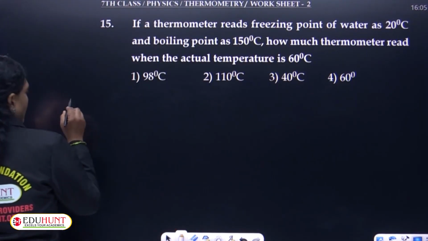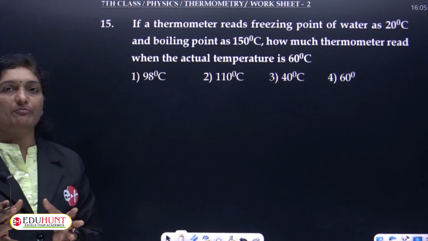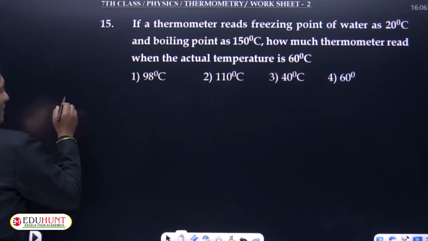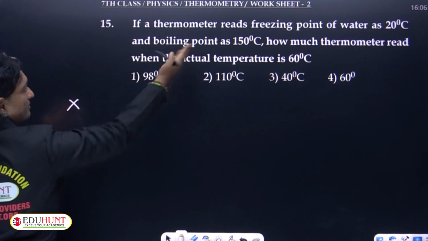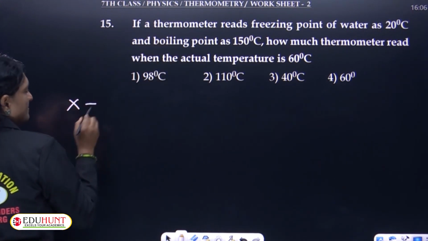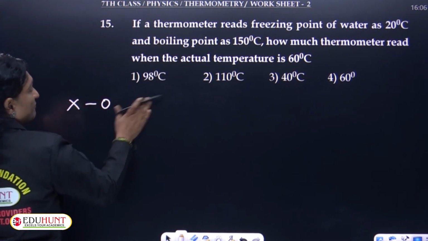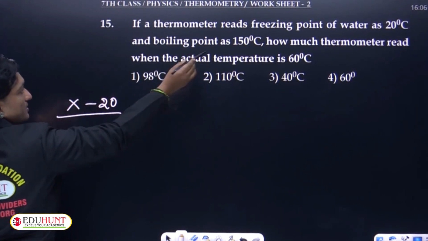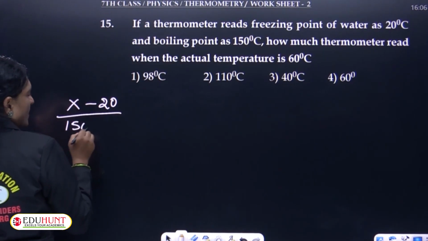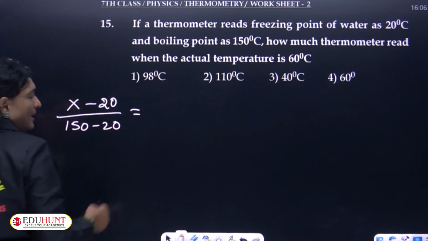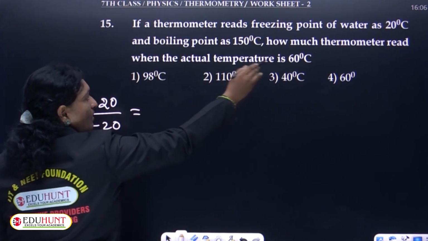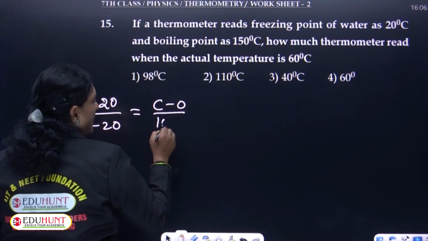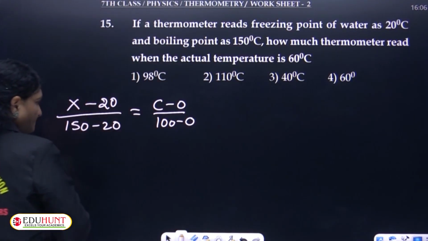So we know the formula that (thermometric reading minus LFP) upon (UFP minus LFP) always remains constant. So for that unknown thermometer, let us represent the reading with X: X minus the freezing point, which is 20, upon the steam point 150 minus 20, must be comparable with the original actual Celsius scale, that is (C minus 0) upon (100 minus 0).